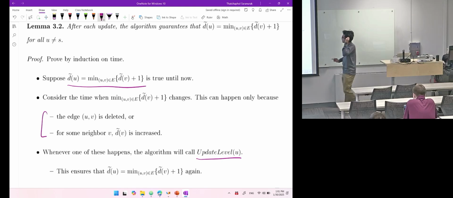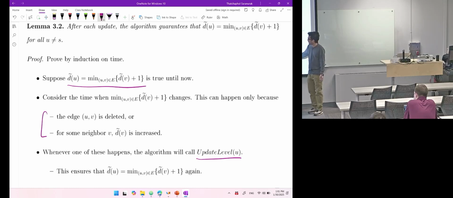So again, from the perspective of the node U, this thing can change only when an edge incident to U is deleted, or the level of its neighbor is changed, like increased. Whenever this happens, we just call update level of U. And when we call update level of U, it ensures that this is the case.